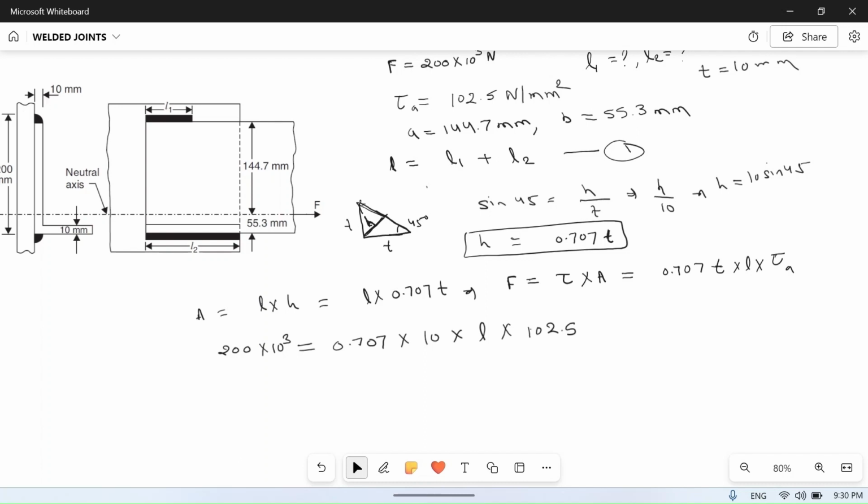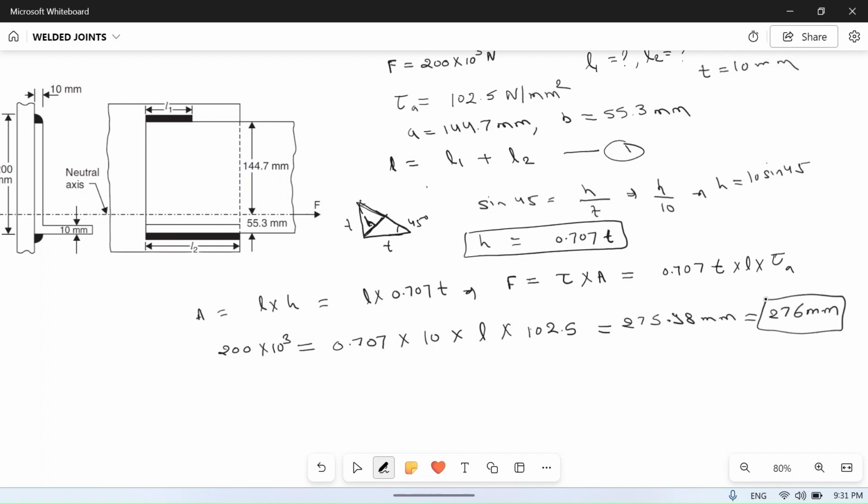So it will be equal to 275.98 mm, or we can also call it 276 mm approximately.